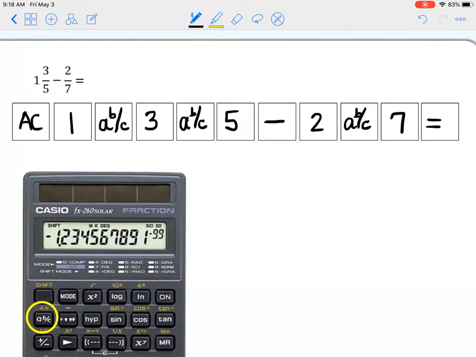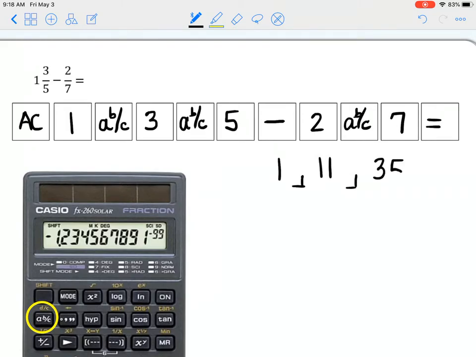So there is the written out expanded version: 1 ABC 3 ABC 5 minus 2 ABC 7 equals, and you get this very odd looking output.